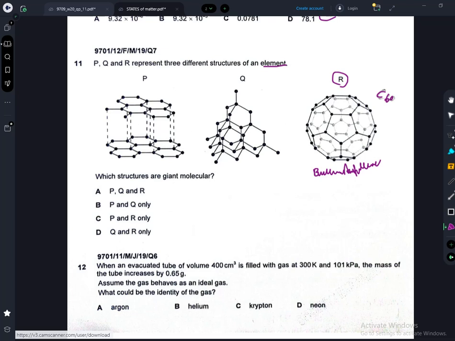It is insoluble, and it has a relatively low melting point and boiling point. It is not a giant molecular structure. Which structures are giant molecular? P is graphite, Q is diamond, whereas Buckminsterfullerene is not a giant molecular structure. So P and Q are the right options.